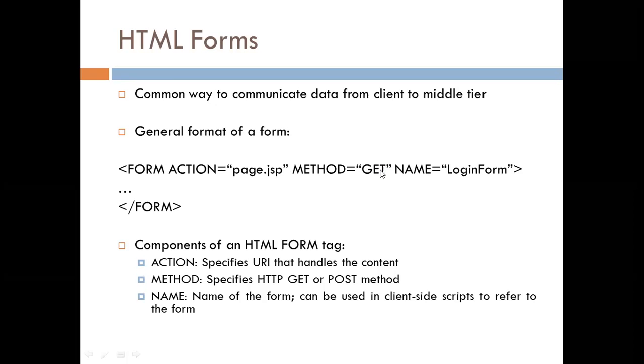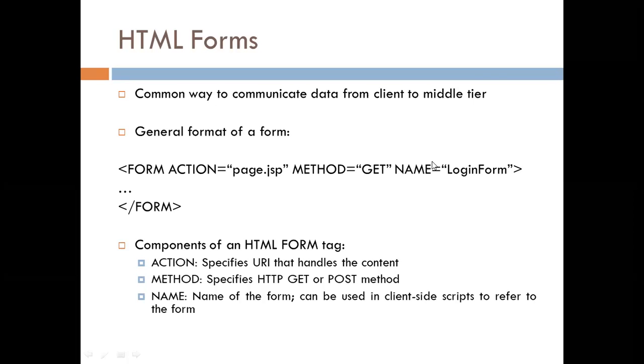We use the get method whenever we want to get information from the server, and the post method whenever we are posting data, which means the data in the form is to be stored in the database.